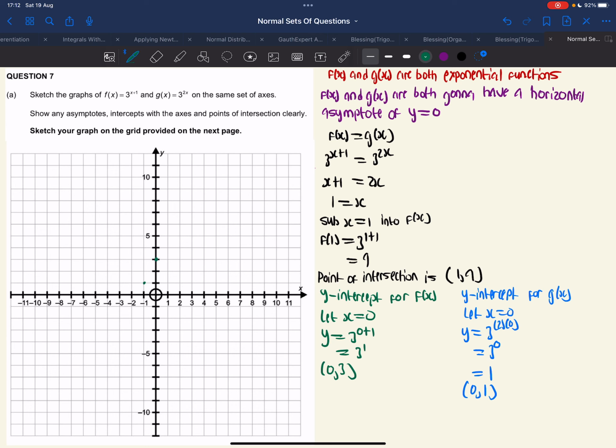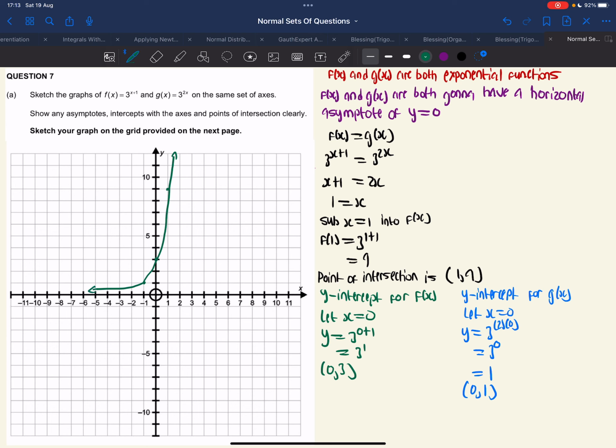When x is 1, we get 9, and 9 is here. So let's connect the dots.